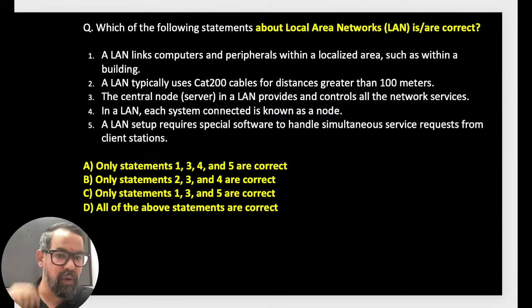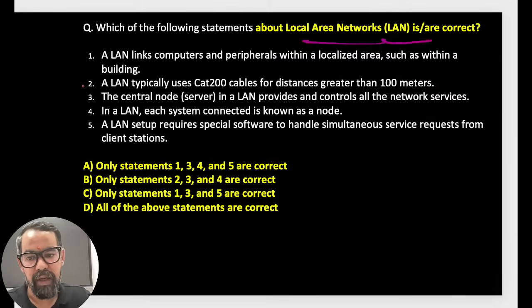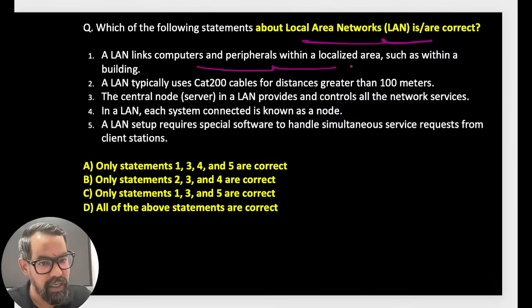So the next question is around local area networks. Which of the following statements about LAN are correct? First, a LAN links computers and peripherals within a localized area such as within a building. Second, LAN typically uses CAT 200 cable for distances greater than 100 meters.